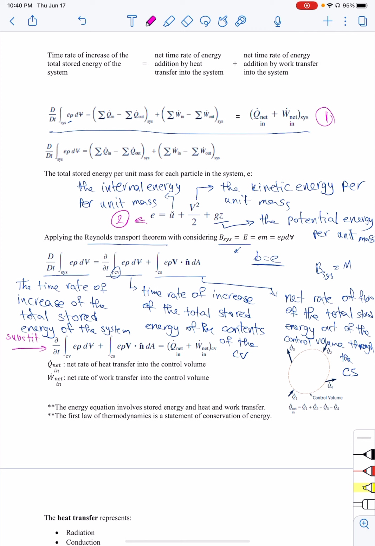And in this equation, we have heat transfer and work transfer, right? The heat transfer and the work transfer are considered positive if they are going into the system and negative if they are coming out of the system. So positive going into the system.